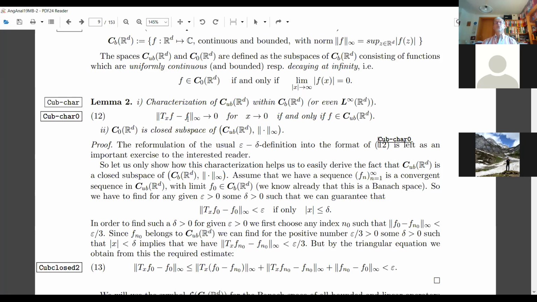You take f, and then you look at the maximal deviation between T_x of f and f for variable x. You let x go through the range, measure it, and look how it behaves when you make x smaller and smaller. If it's enough to be close enough to 0, so maybe less than 0.001, and all the other values which are smaller all satisfy that this is smaller than epsilon, then you have a uniformly bounded continuous function, and vice versa. So this is really a criterion.